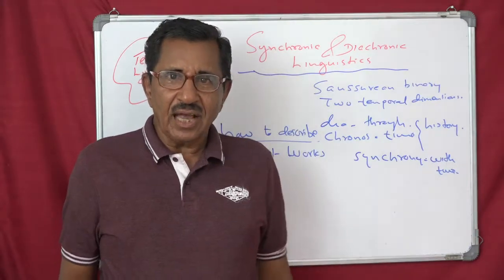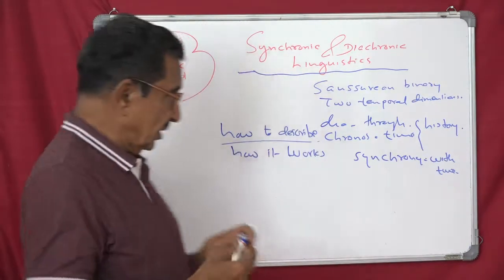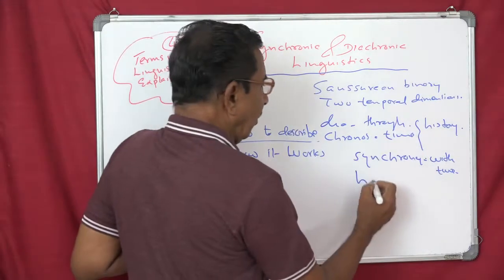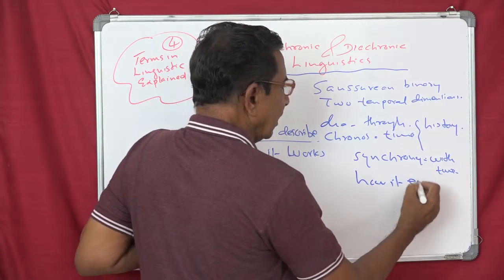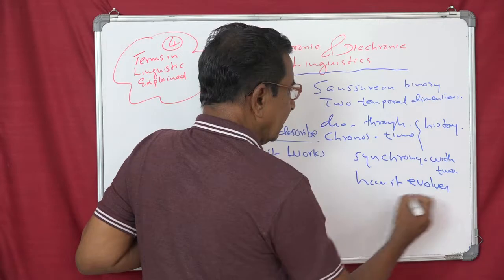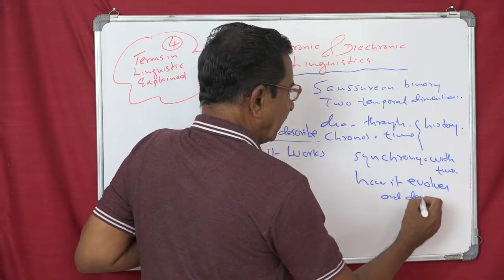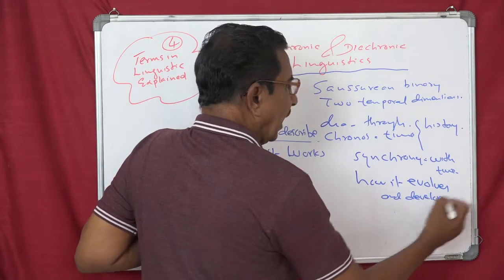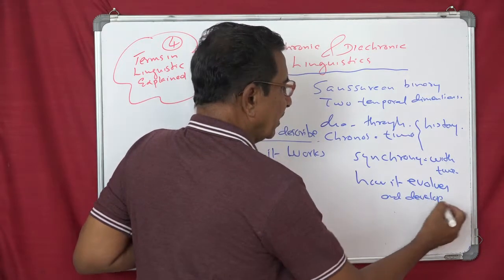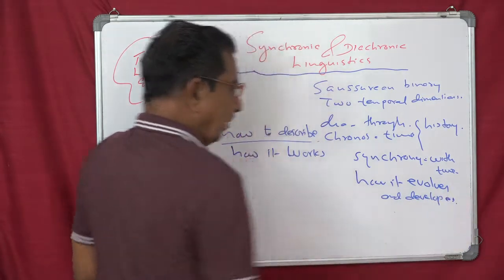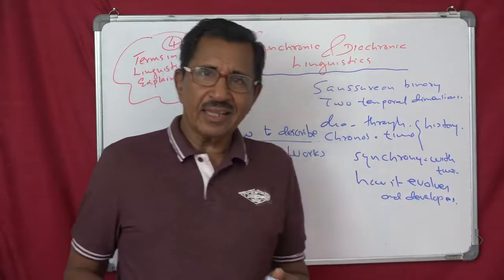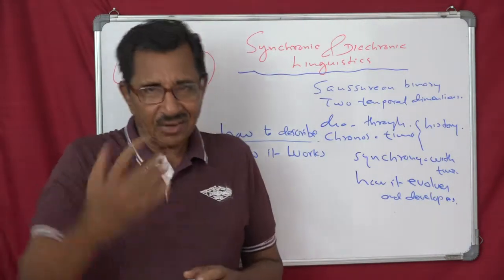The other one is how it evolves. Diachronic means how language evolves and develops. That will be the diachronic study.